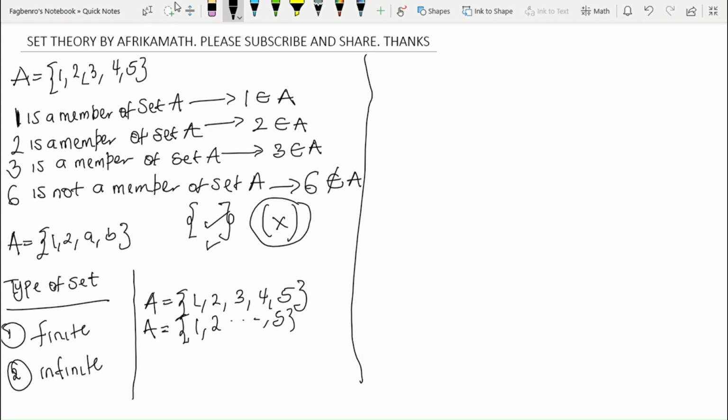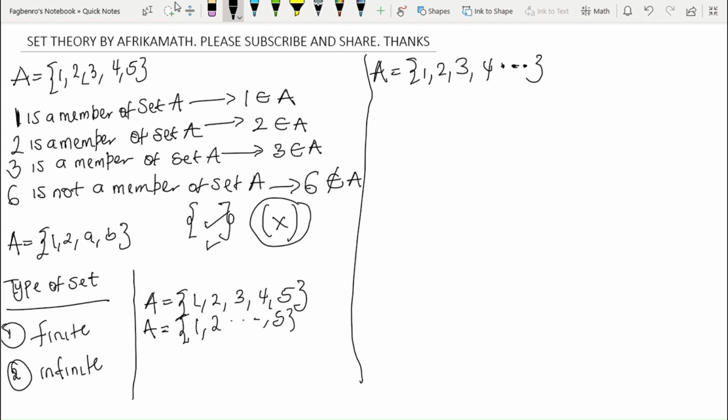Let me give you an example of an infinite set. If you have set A to be 1, 2, 3, 4, dot, dot, dot, all these types of sets are infinite. Why? Because they have no end. You can see the 3 dots here. It means continuity. That is, it is continuous.